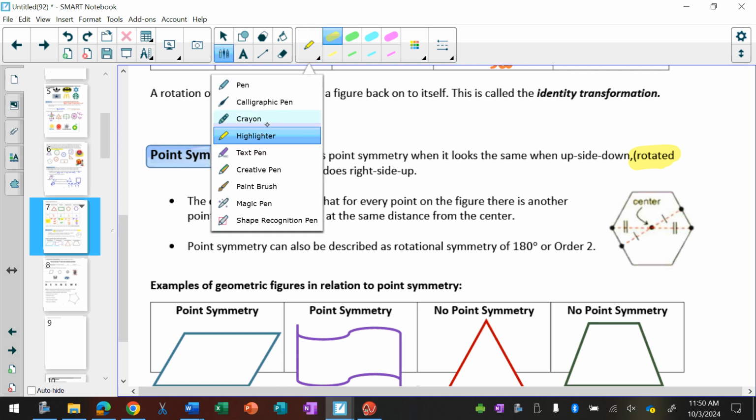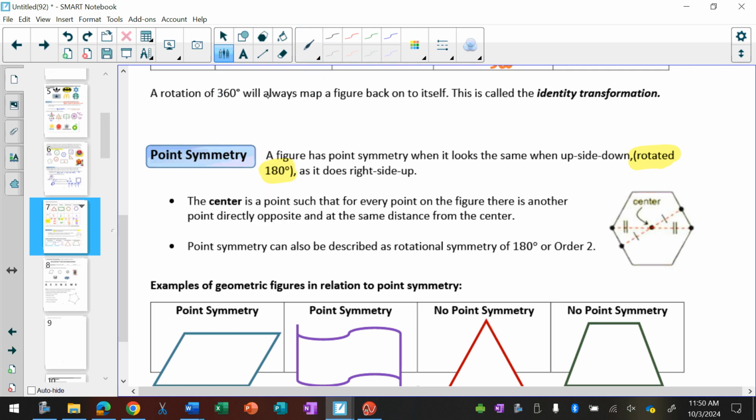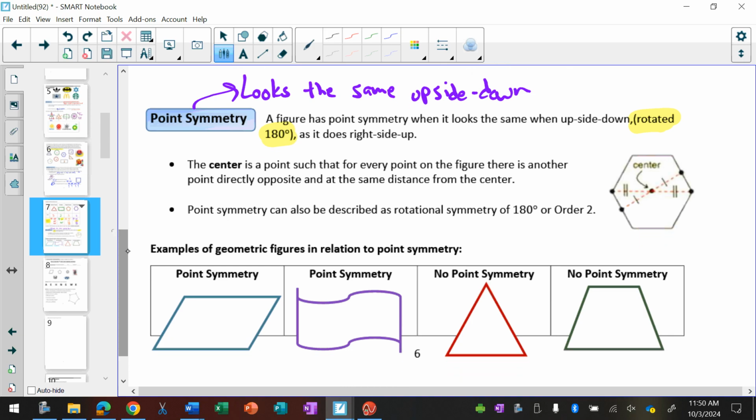So point symmetry means it has 180-degree rotational symmetry. An easier way to visualize is it looks the same upside down. So you could literally turn your paper upside down and see if it looks the same.